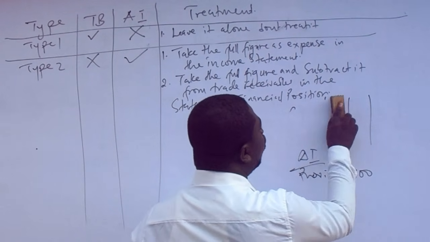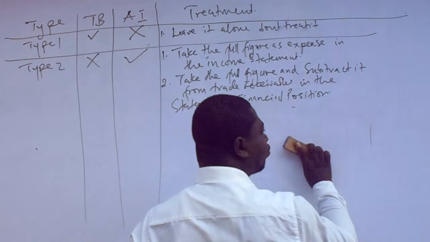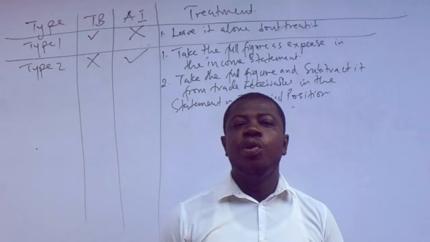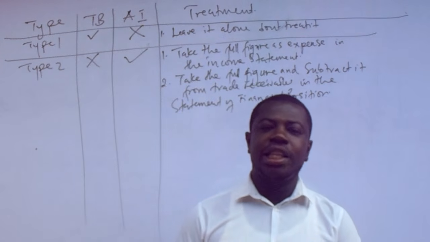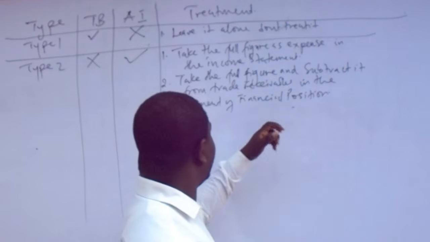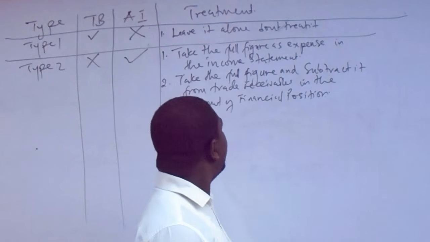Alright, so we take the full figure and then we subtract it from the statement of financial position, and that is basically what we are going to do.